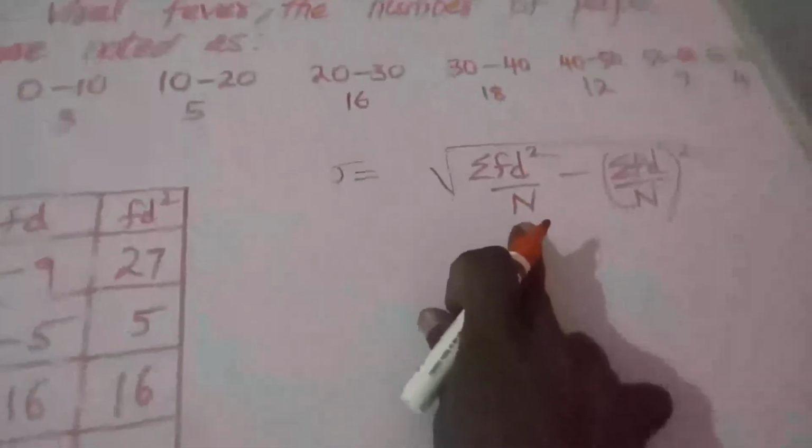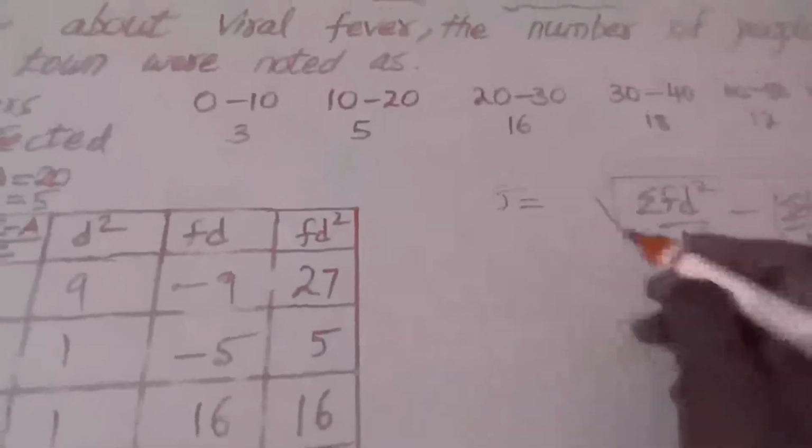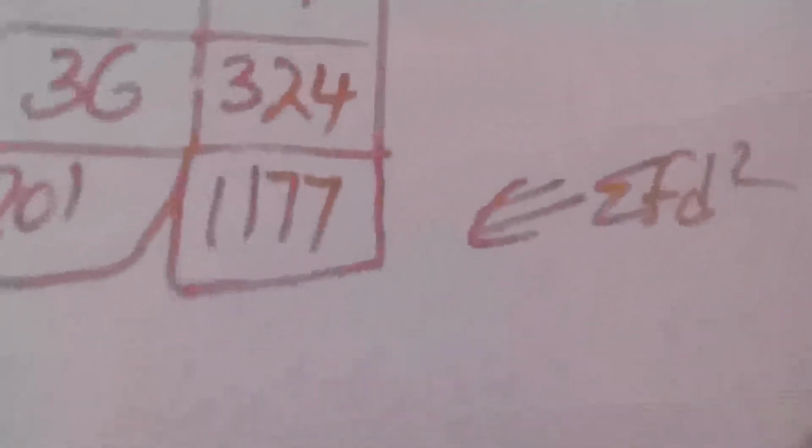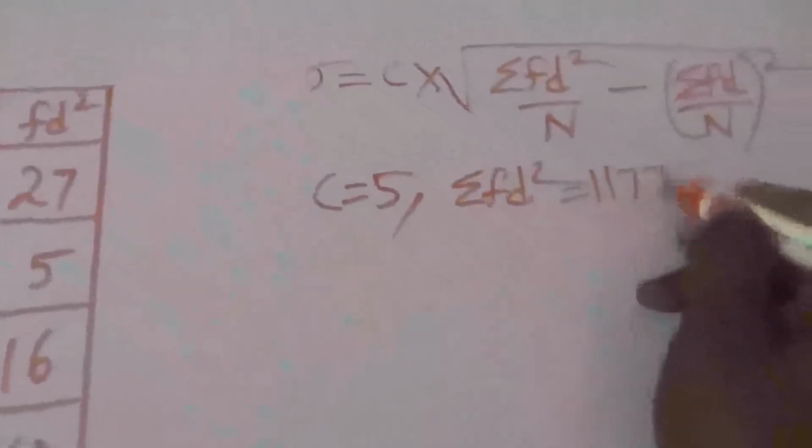What is the difference between that and this? This is continuous data. Continuous data means you want to multiply this formula with c. So c value is nothing but 5. Summation fd square value is 1177. Next, capital N value is 65.